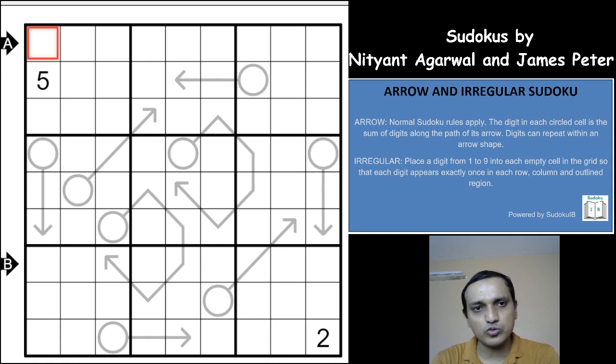Both of these Sudokus were quite tough, and many people got stuck in them, so I thought of covering a video on this one. The first Sudoku we are solving is an arrow Sudoku constructed by Nityant Agarwal, and the second is the irregular Sudoku, the highest pointer in the contest, by James Peter.